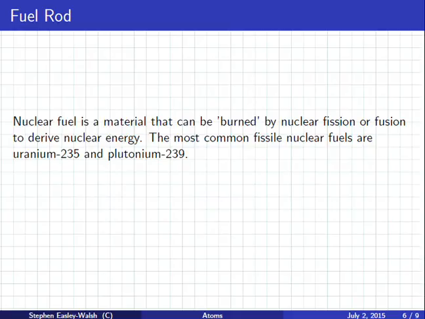What you just need to know for the exam is a fuel rod is basically uranium-235 or plutonium-239. Now there's other stuff in it as well, but it's uranium or plutonium, really.